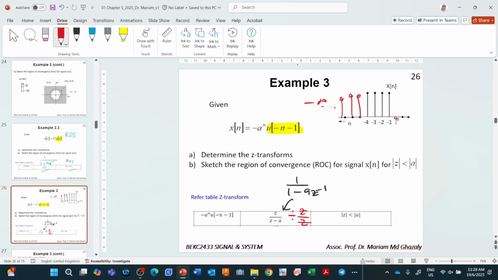If you look at chapter 1, what type of basic signal can you identify? Unit step, ramp, or delta? Why? Because it's a U. It's not a delta.